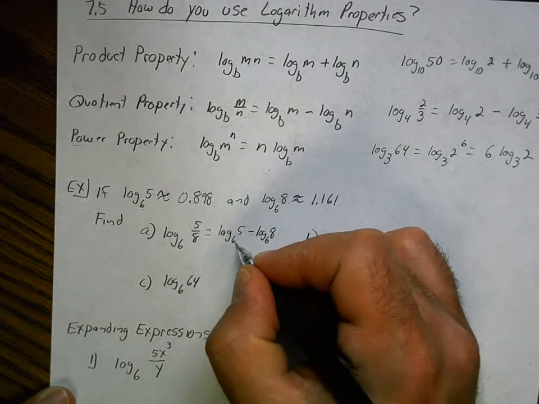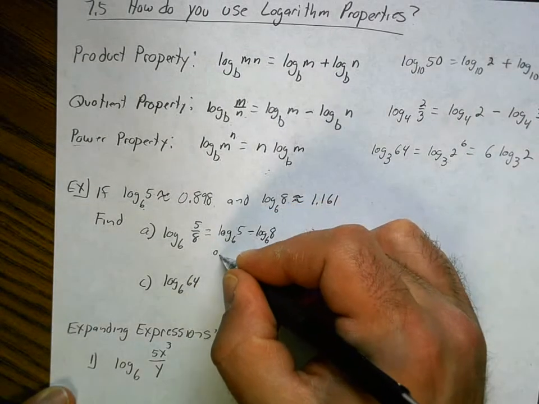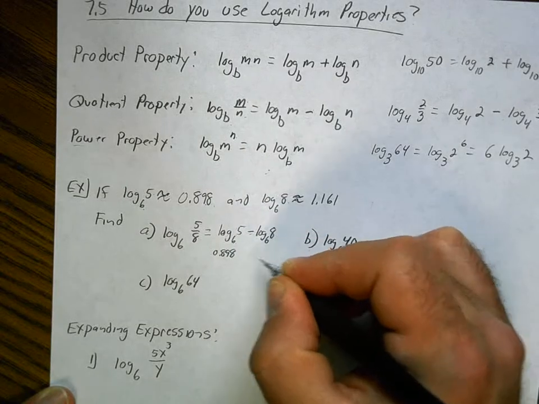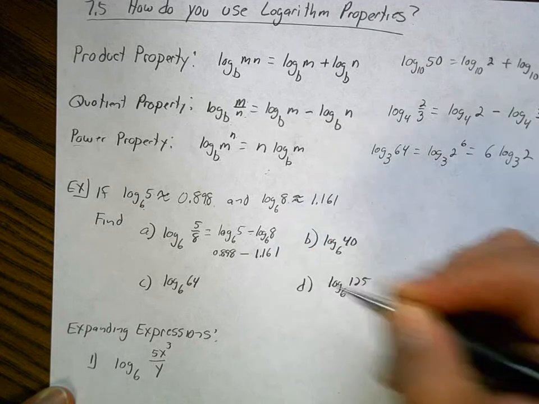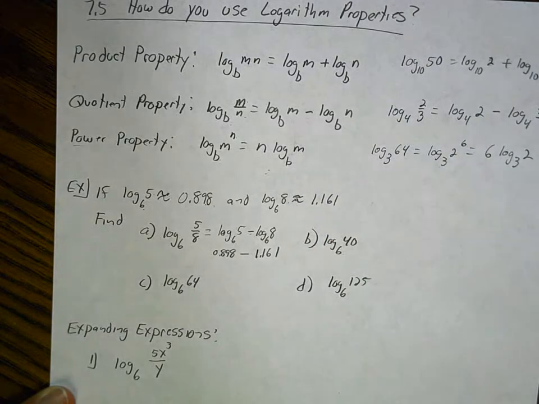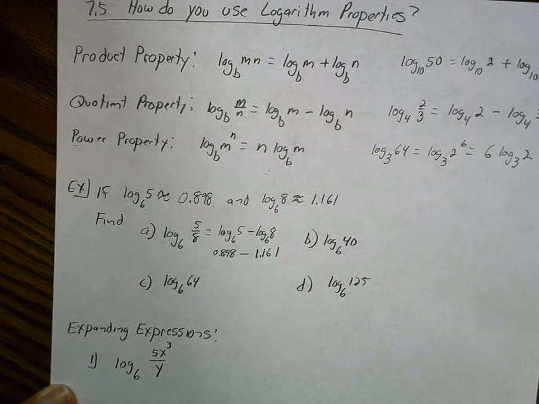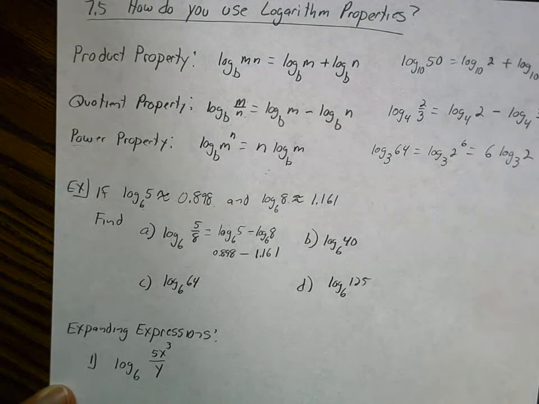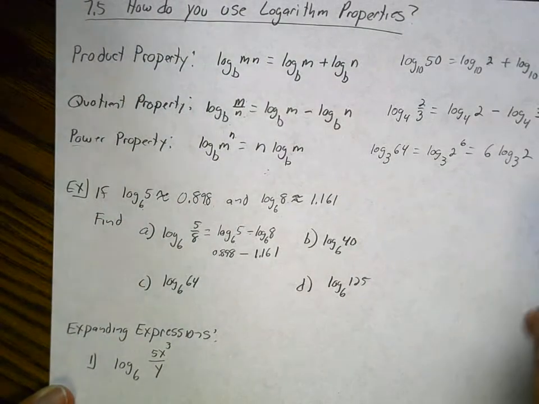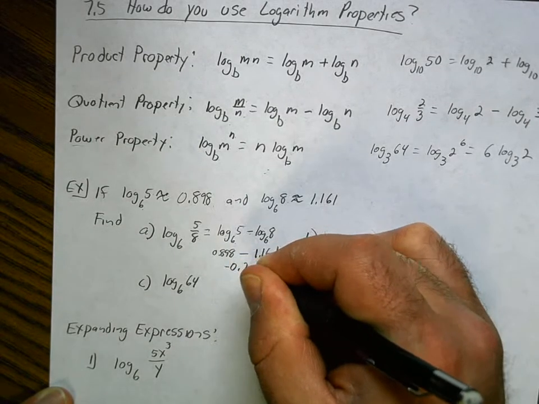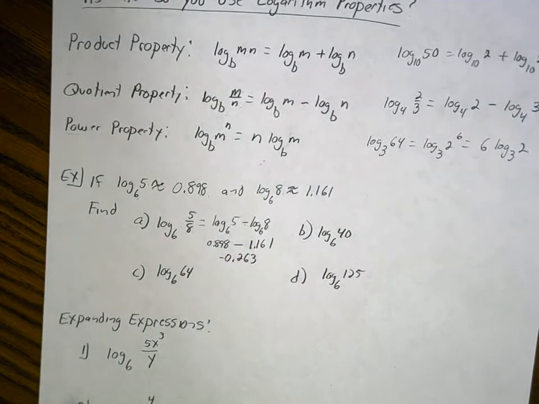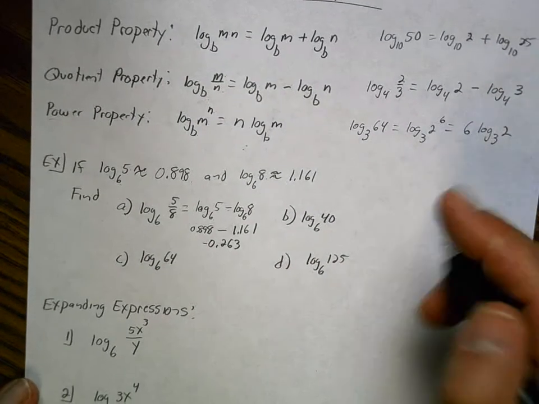So I know what the log base 6 of 5 is. It's 0.898 minus 1.161. And if I subtract those, I get negative 0.263. Okay, log base 6 of 40.